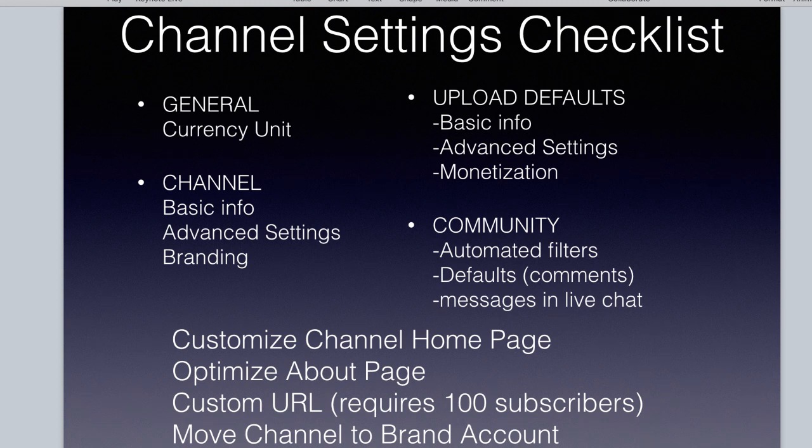Every time you upload a video, you can just set your channel description, your video description, some of your common tags, and then you got your advanced settings and monetization, and then the fourth one, community, which you can set up your automated filters for blocked URLs, blocked words, blocked inappropriate words, etc., and your default comments and messages and live chat.